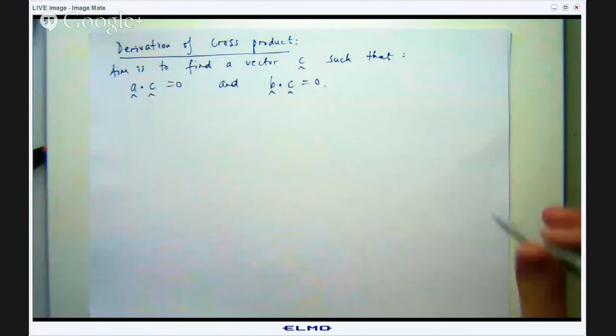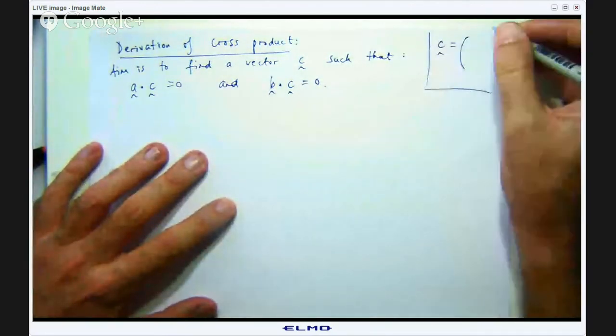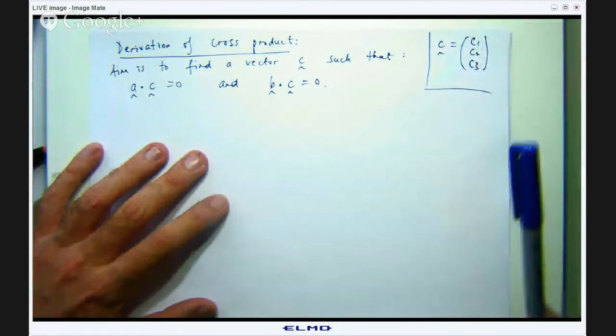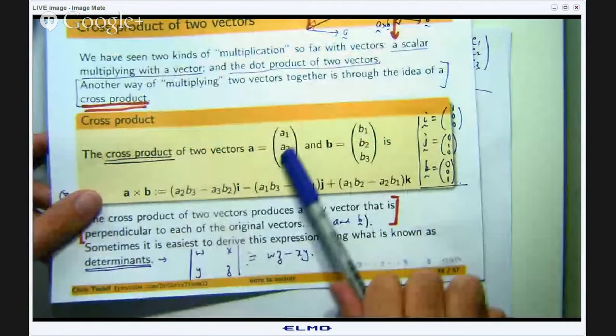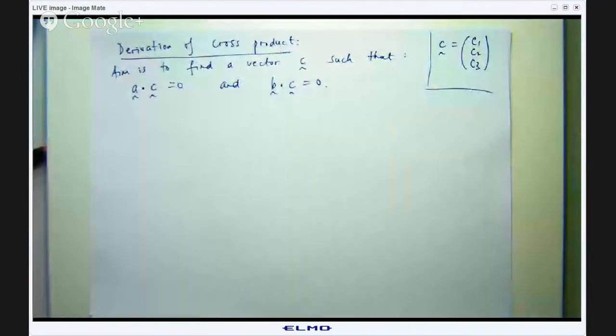Okay, now let's say C is written as this triple, this sort of column vector, if you like, and using these column forms, this will give us two equations.